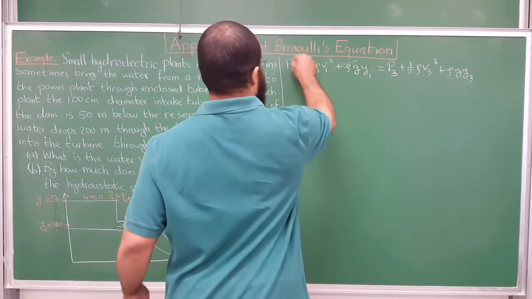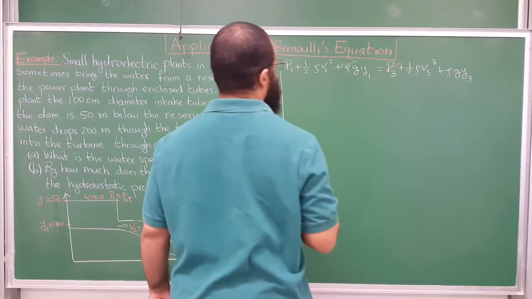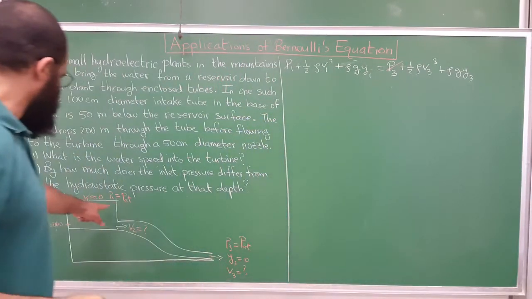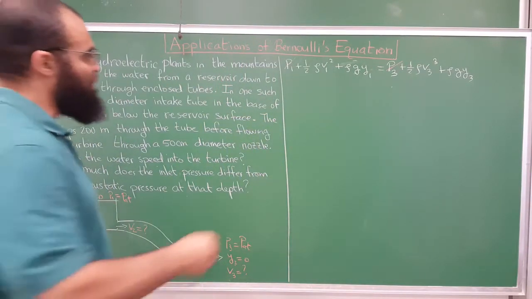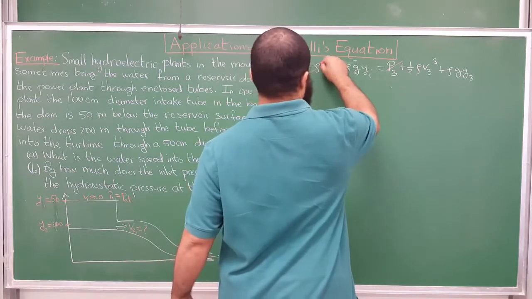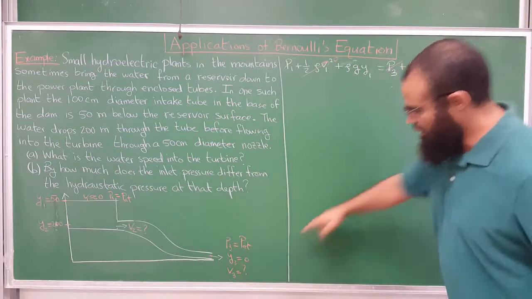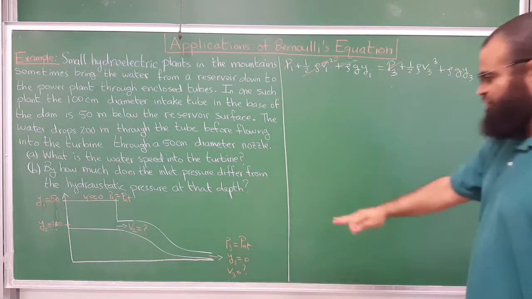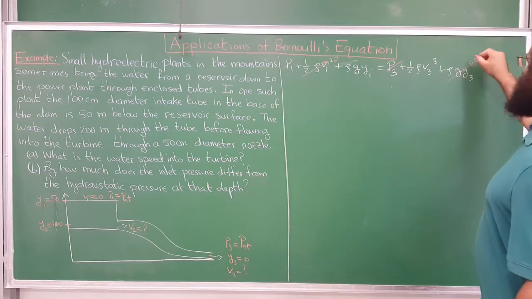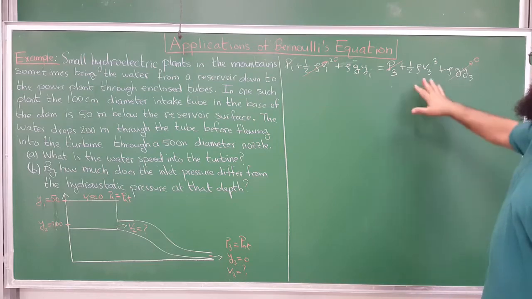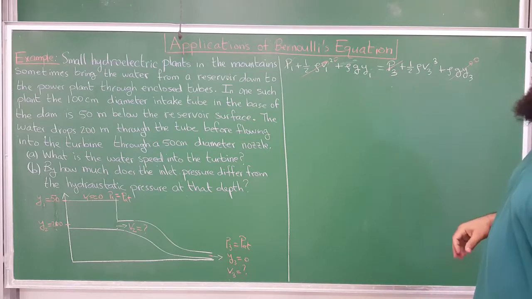So P1 and P3 are the same, so they cancel. We said the speed here of the fluid is about 0, so this term is about 0. And here we label y equal to 0, so the height is 0 there. So 4 terms drop, and we just have 2 left.